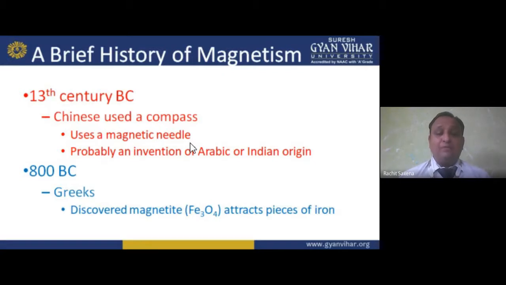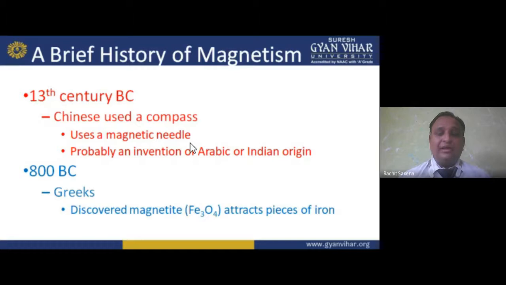Firstly, in the 13th century BC, that is before Christ, the Chinese used a compass, which uses a magnetic needle, probably an invention of Arabic or Indian origin. In ancient times we had a compass, and that compass has a magnetic needle.